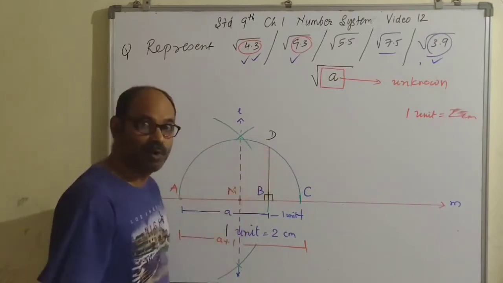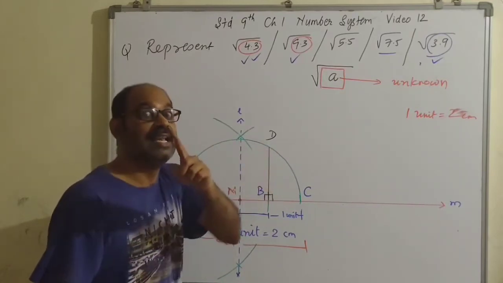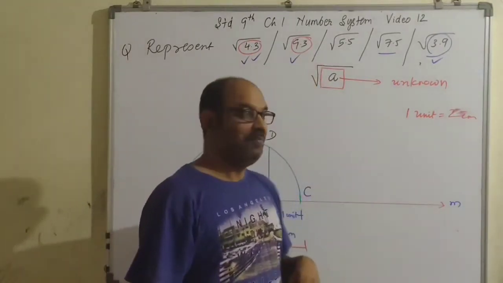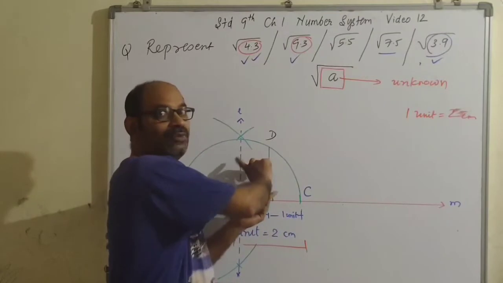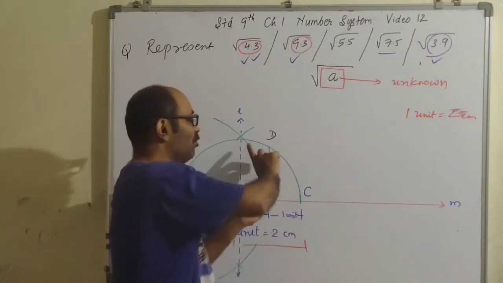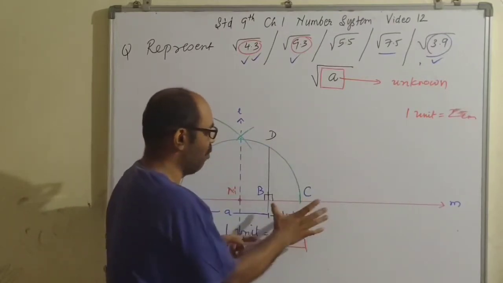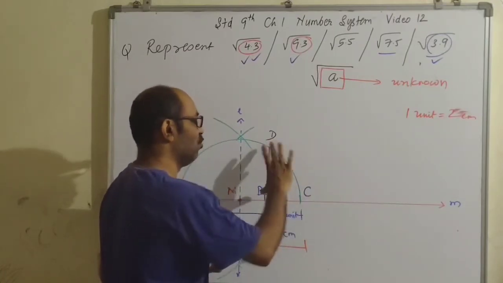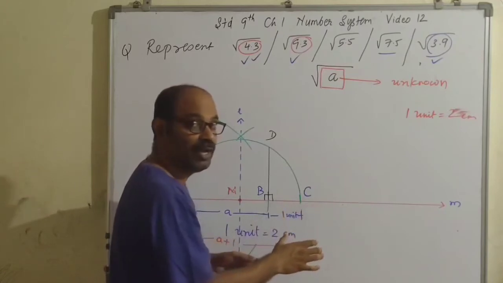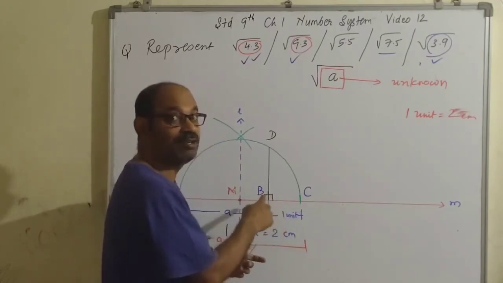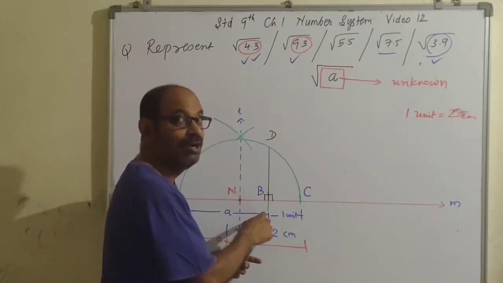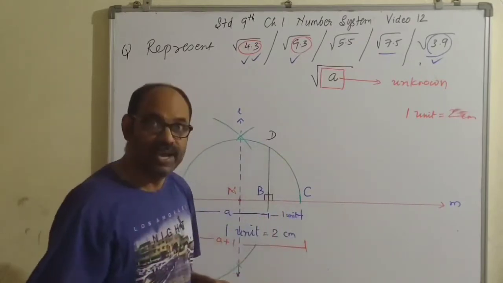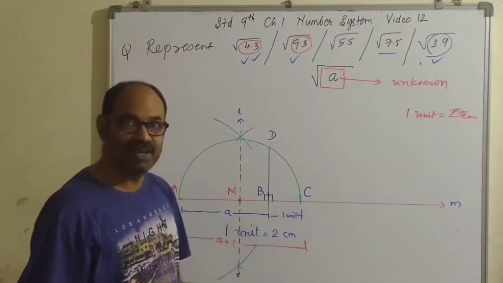In the fifth step, the BD we have got has length root a units, square root of a. Since its length is root a, we can project it onto the number line and get a new point. If I say D dash, BD is root a, so BD dash is also root a. We'll call B the origin, so 0 corresponds to B. So the number corresponding to D dash will be root a. So you'll get root a on the number line.